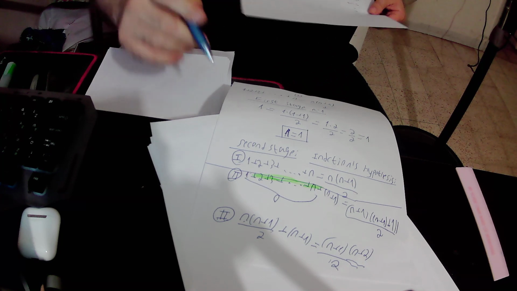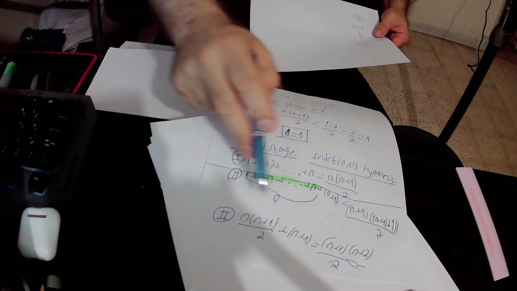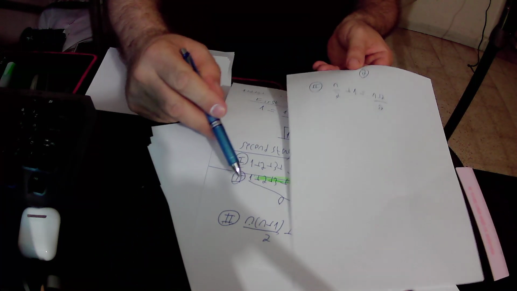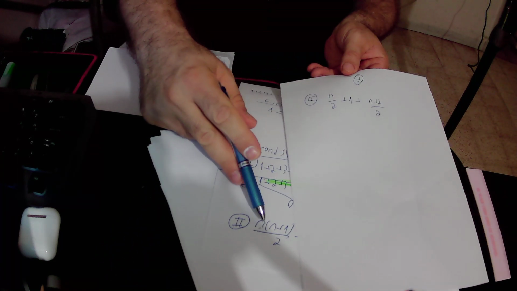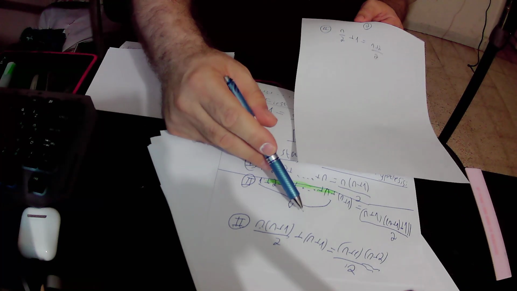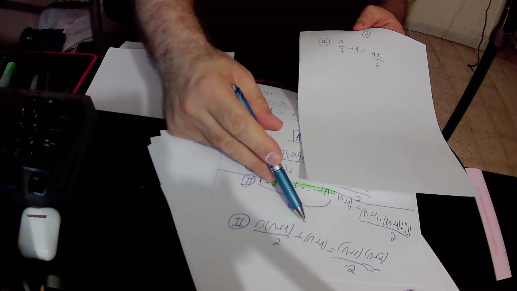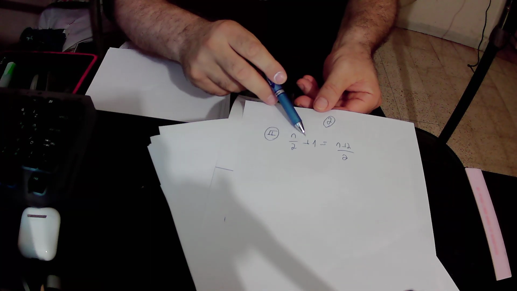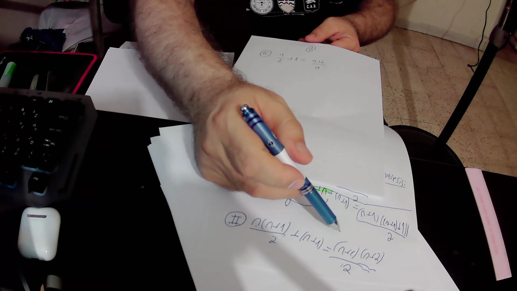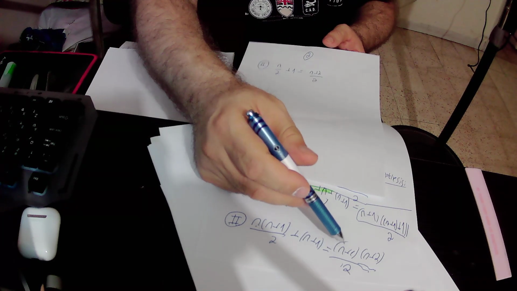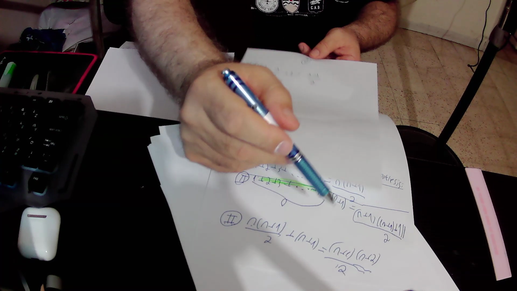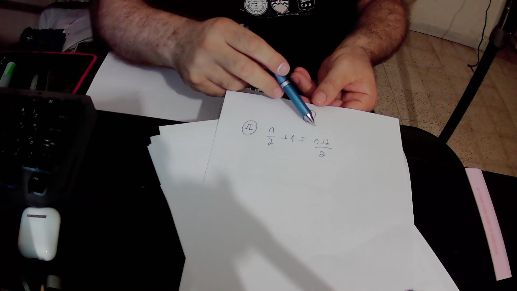So after we divide both sides of the equation by n plus 1, we get that n times n plus 1 divided by 2 is actually n divided by 2, and n plus 1 divided by n plus 1 is 1, so we will add 1, and all equals to n plus 1 times n plus 2 divided by 2. After we divide it by n plus 1, actually it equals to n plus 2 divided by 2.